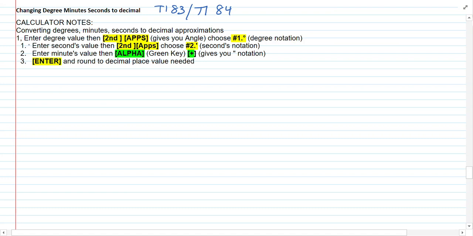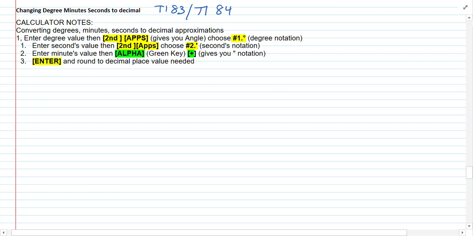So the first item is to enter the degree value, then hit second apps on your calculator. The second gives, on top of apps, you'll find the word angle, and choose number 1, which gives you the degree notation. Then enter the seconds value, and then do second apps, choose number 2, which is the hyphen for seconds notation.